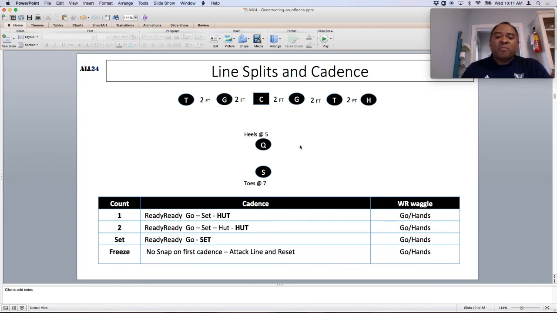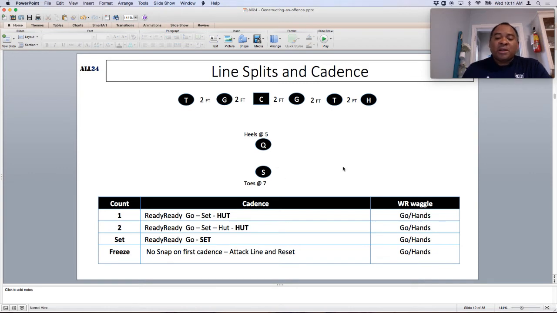And we've got our quarterback aligned with the heels at 5, so in a pistol formation, and our tailback toes at 7. Again, that varies. Some people have their heels at 4 and 4.5, and toes at 8 for the tailback. And it really depends on what your offensive set is, what your offensive philosophy is, and what you're doing on offense. But some basic alignment, line splits by the line and the quarterback and tailback.